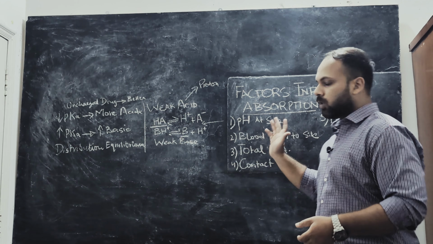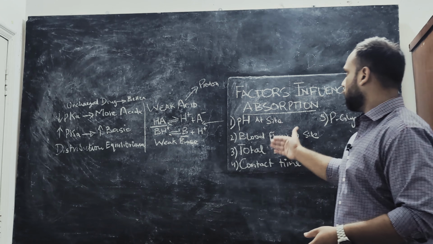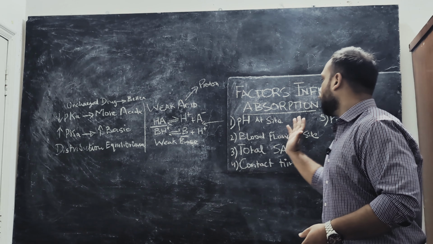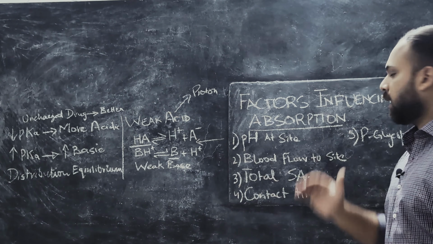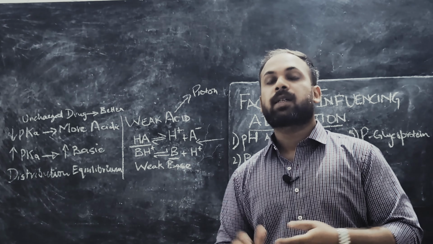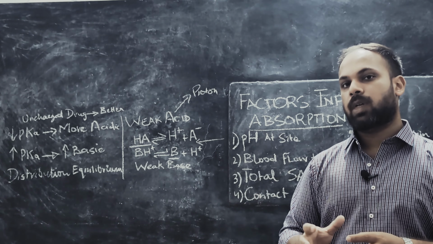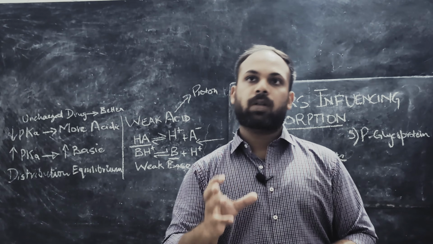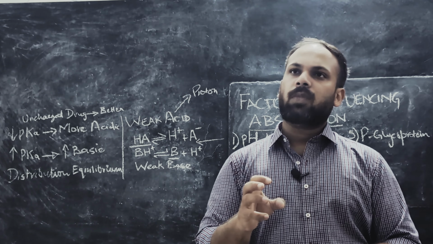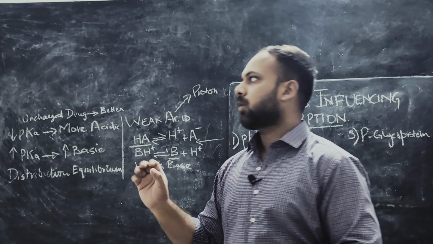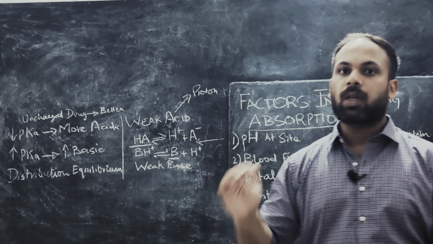Coming to the second most important factor that influences the absorption of drugs: blood flow to the site. As you know, the better perfused an organ is, the better it is for a drug to be absorbed.